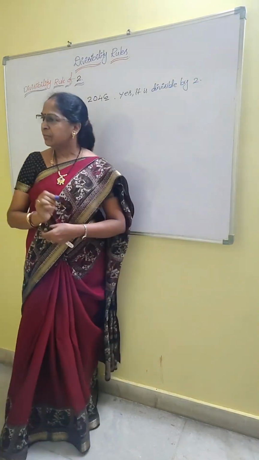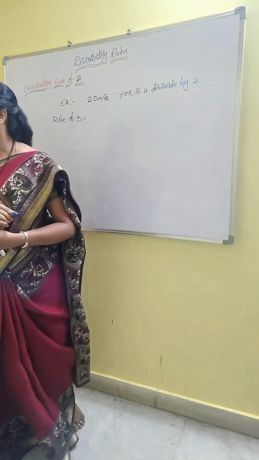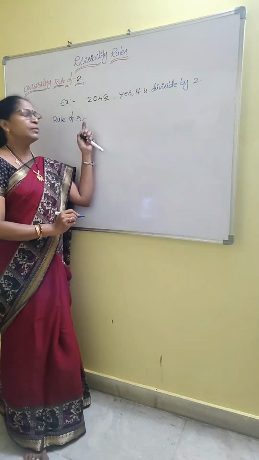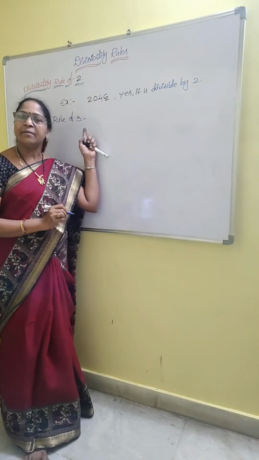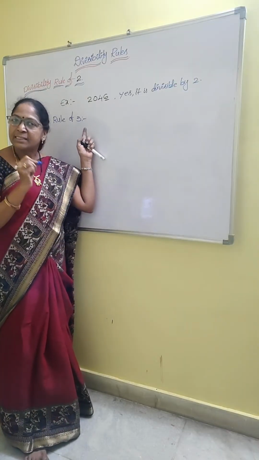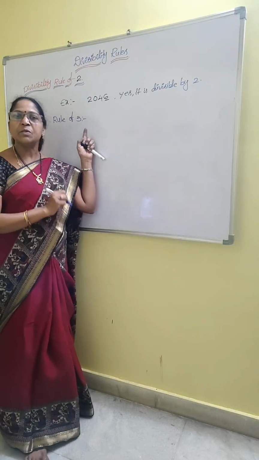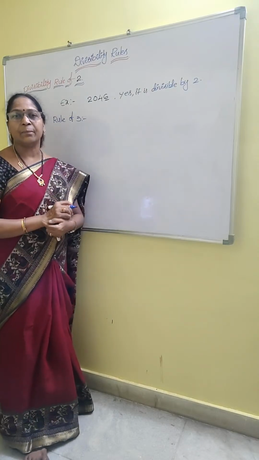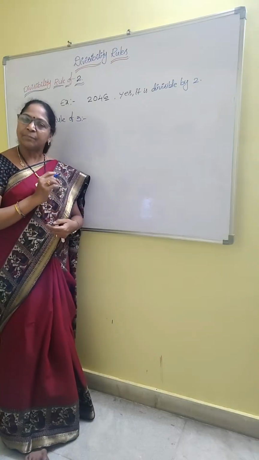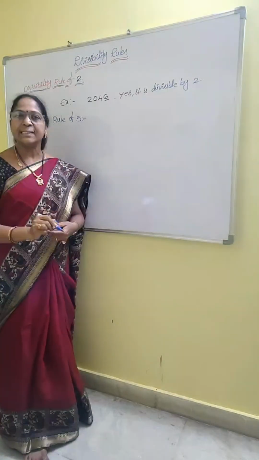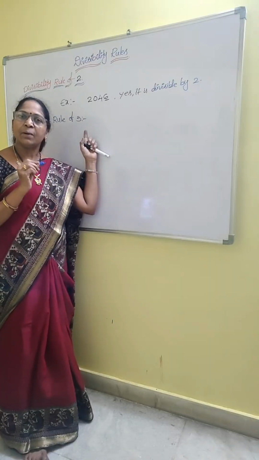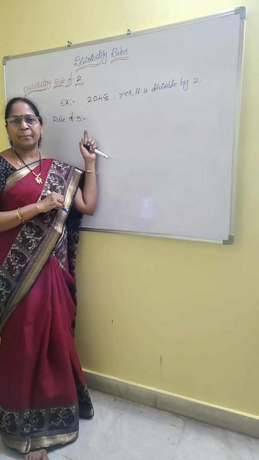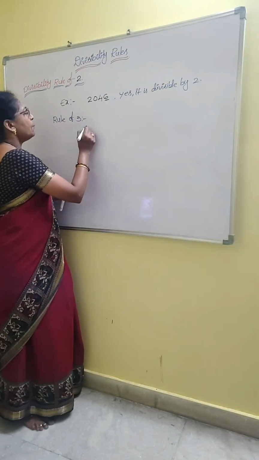Next is the divisibility rule of 3. What is the divisibility rule of 3? The number is divisible by 3 when the sum of the digits is divisible by 3. If the sum of the digits is divisible by 3, then only the given number is divisible by 3.